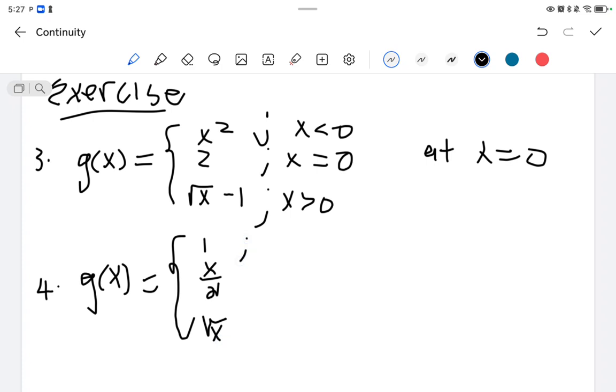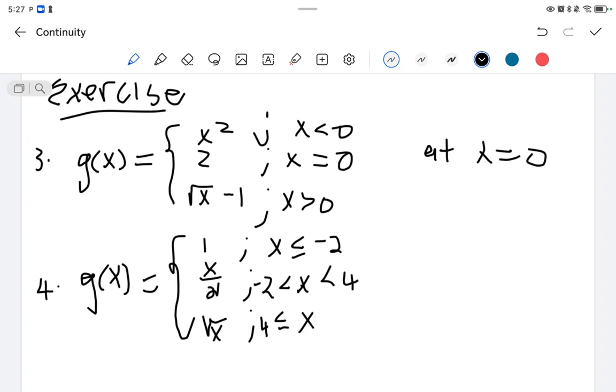It is 1 when x is less than or equal to minus 2, x over 2 when x is between minus 2 and 4, and root of x when x is greater than or equal to 4.